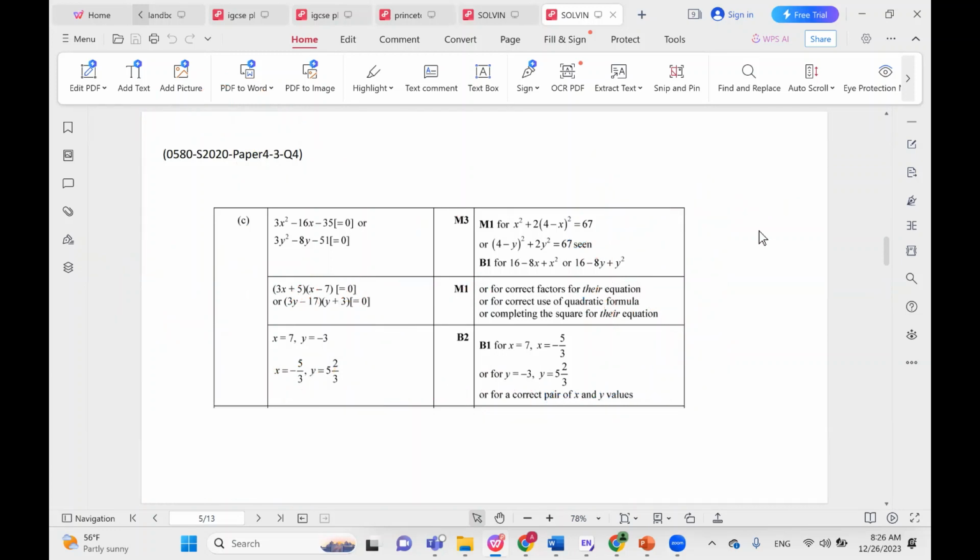Our answers were x equals -5/3, y equals 17/3, and x equals 7, y equals -3. And if we check the final answers here, we're going to find that they are exactly the same. Of course, this is a mixed number, but it's equivalent to 17/3. So both of them are correct. So this is how you solve a pair of simultaneous equations where one of them is non-linear.